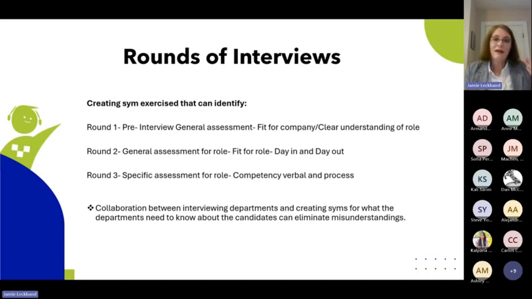And then third, maybe being able to really dive in a little bit deeper on what the competencies, whether verbal or process, are in the role. So you can really have a clear understanding on, do they speak the way that it would be necessary? Are they confident?